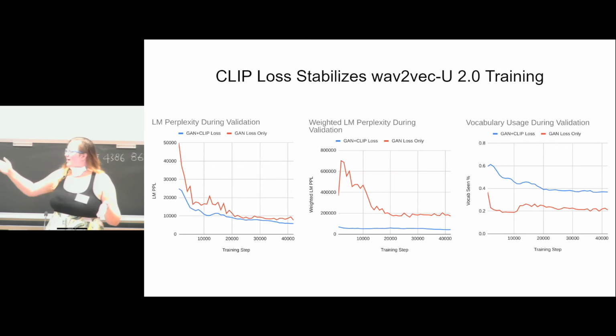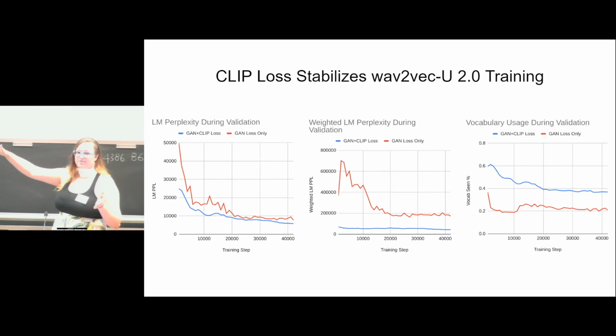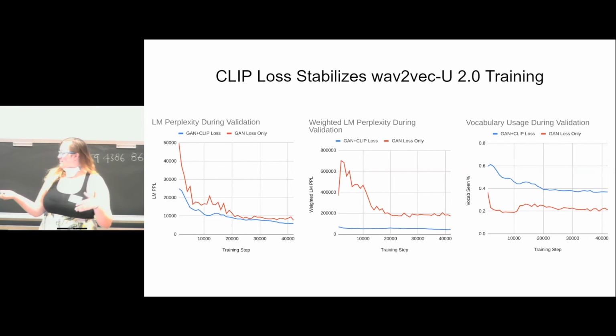But in fact, the GAN and CLIP loss is consistently dropping this whole time. And even though the version with GAN loss only has flattened out by the end of this plot, the blue line is dropping consistently the entire way through and is still dropping at the end of this, which is the first 50 epochs. Finally, we look at the vocabulary usage, and this is a problem for both of them, right?